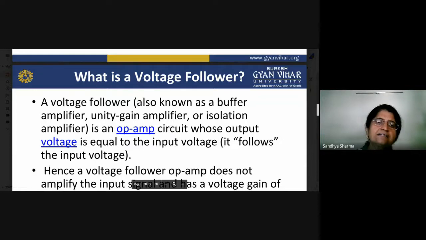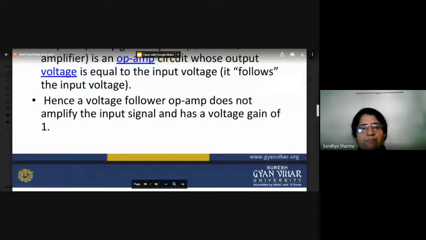When the voltage gain is equal to 1, that particular condition of the operational amplifier is known as a voltage follower. Basically, an operational amplifier is a very high gain voltage amplifier, but when its voltage gain is equal to 1, it will work as a voltage follower. And we have used this type of stage as the third stage of our block diagram.